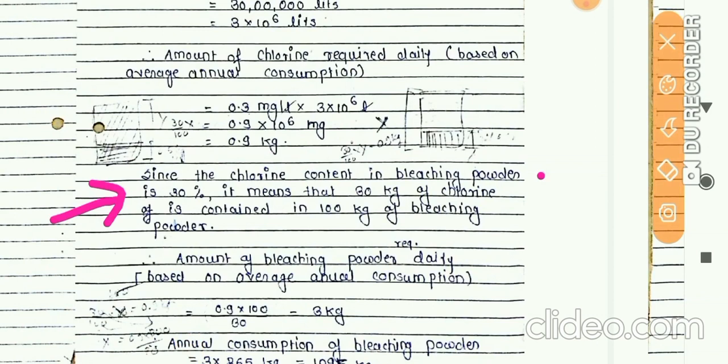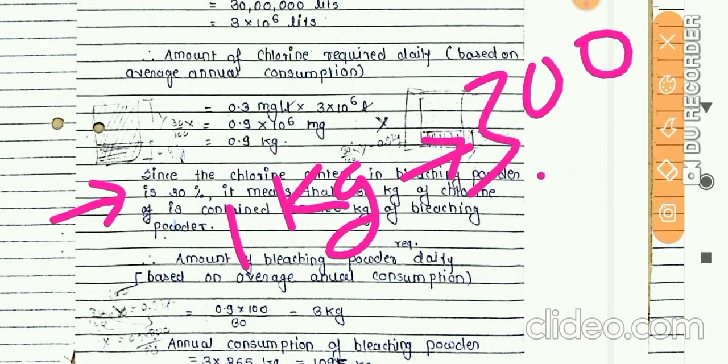So it indicates that 1 kg of bleaching powder contains 30% of chlorine, means 300 grams of chlorine.